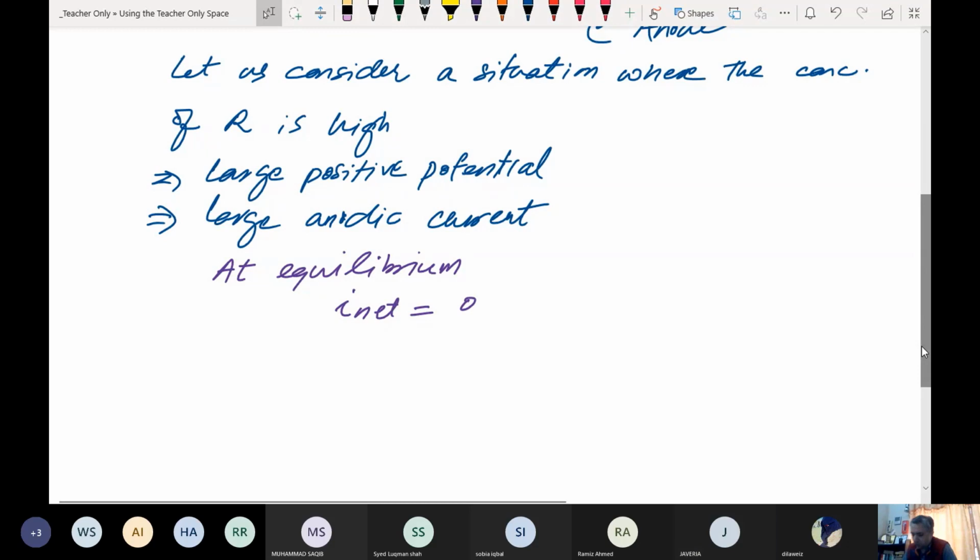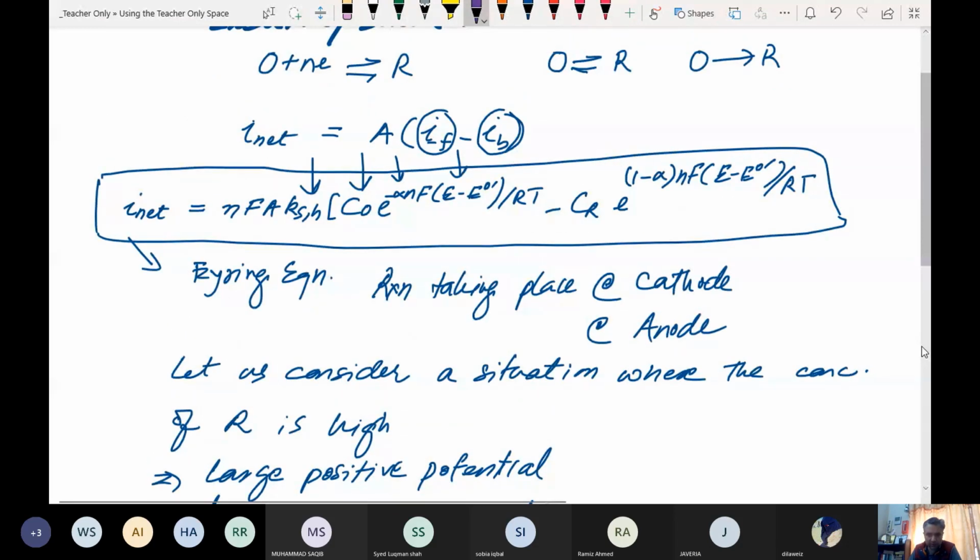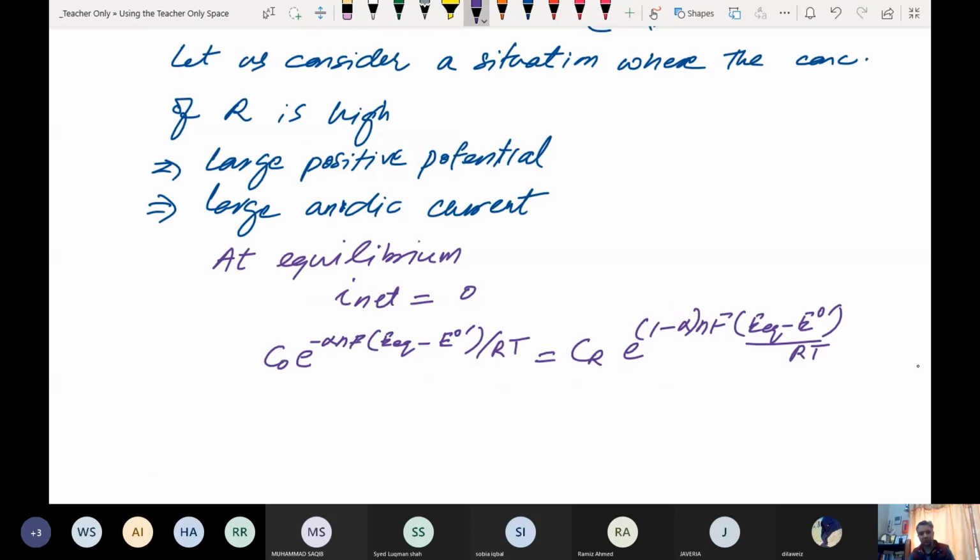Since it is zero, if we look at this equation here, if this term is equal to 0, then we can write, because I net is equal to 0.